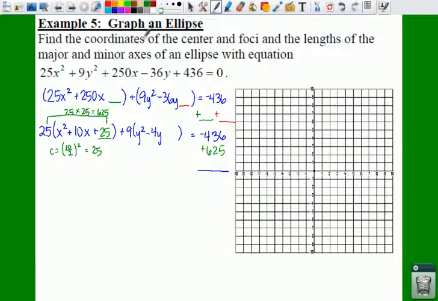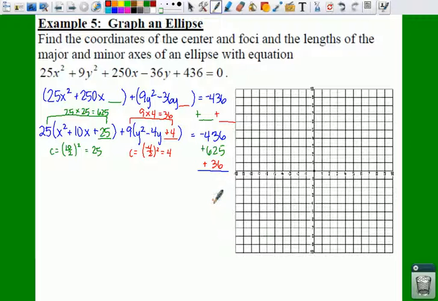We're going to leave a space for our lovely little 4 we're going to put in here, because half of negative 4 squared is 4. So we're going to add 4. And we're not just going to add 4 over here, we need to add 9 times 4, which is 36. So you have to add 36.